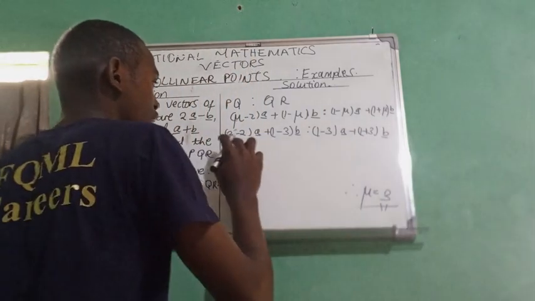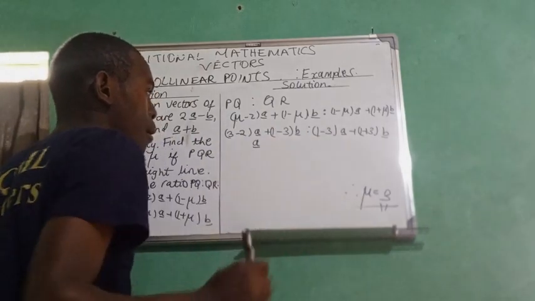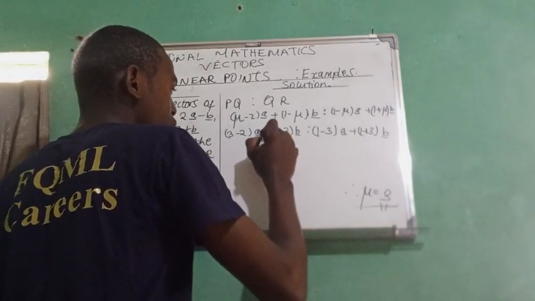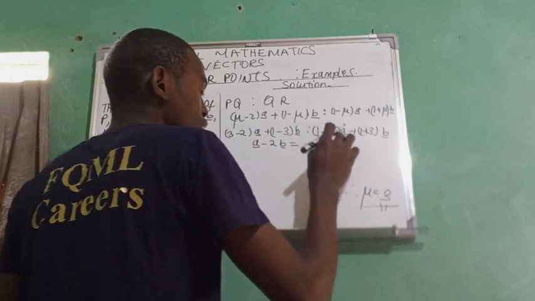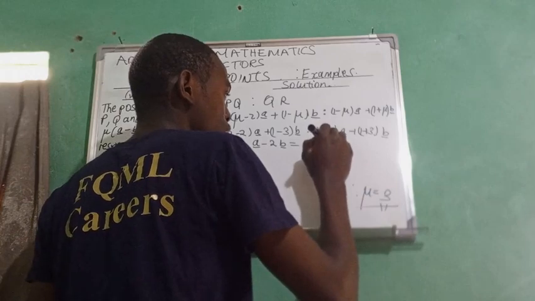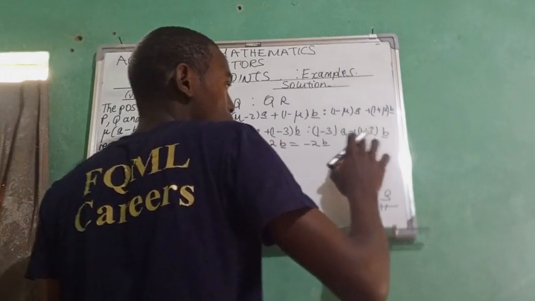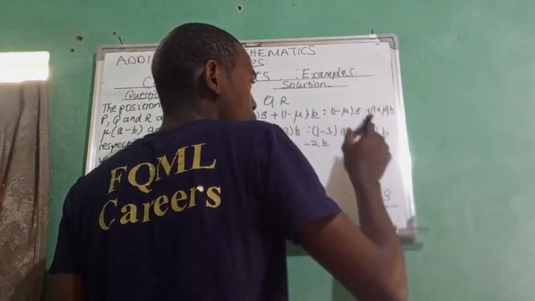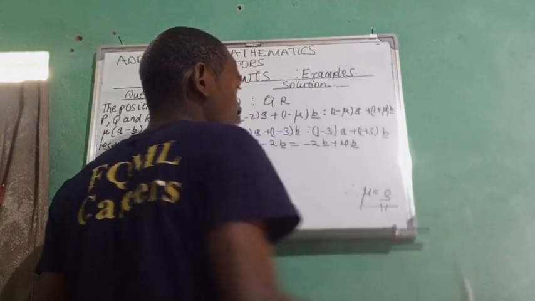We simplify this to just simply be 1 times A, which is A. Then 1 minus 3 minus 2 of vector B, and here minus 2 of vector A. Then we have 1 plus 3, which is 4 times B, a 4B, like that.